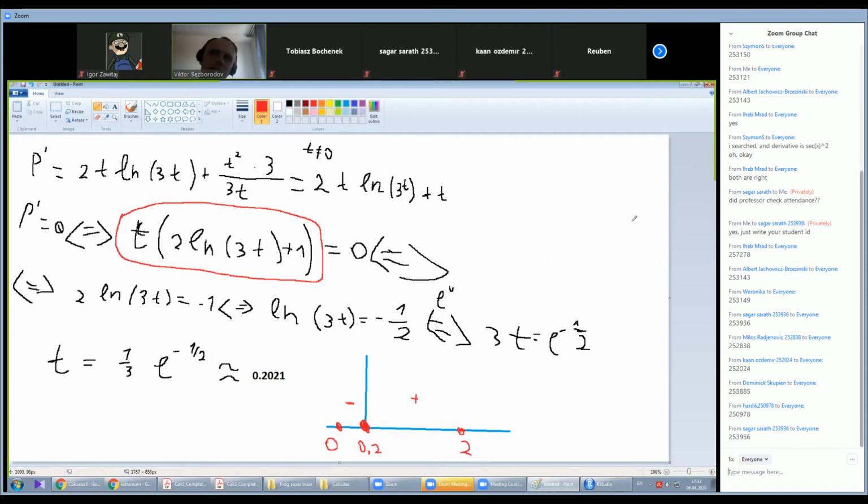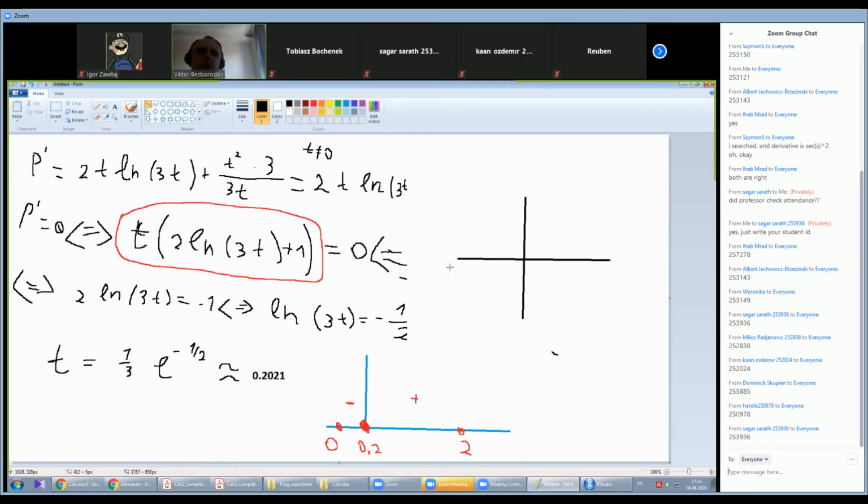And so now let's make a plot approximately. So we have 2 coordinate axes. Now the logarithm of 0 does not exist, but this is another point.